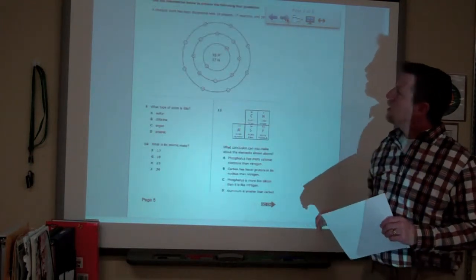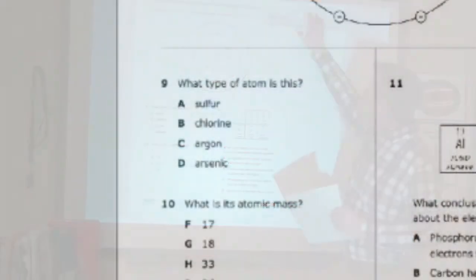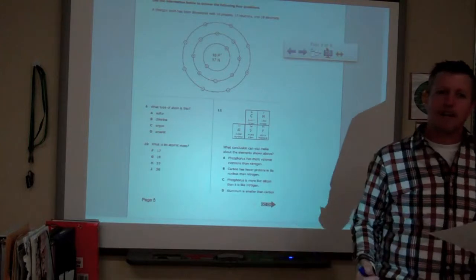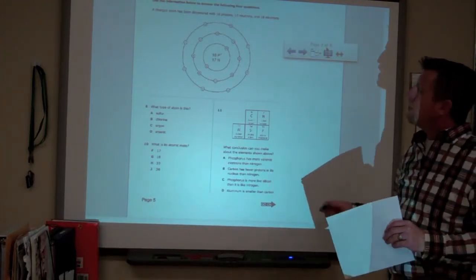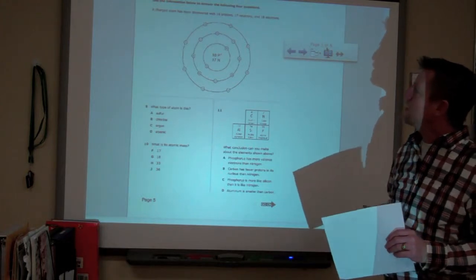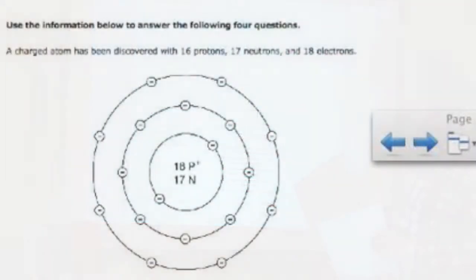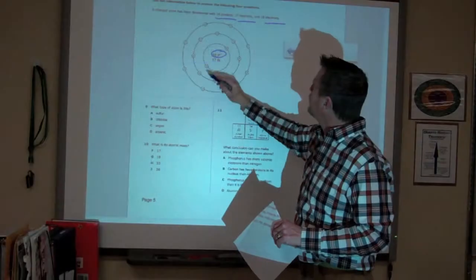Okay. Number 9. I'm a little concerned about this one, but it shouldn't have given us wrong answers if we read it correctly. The reason I'm confused by the way it's written is it says a charged atom has been discovered with 16 protons, 17 neutrons, and 18 electrons. Well, it has the protons wrong in the picture.